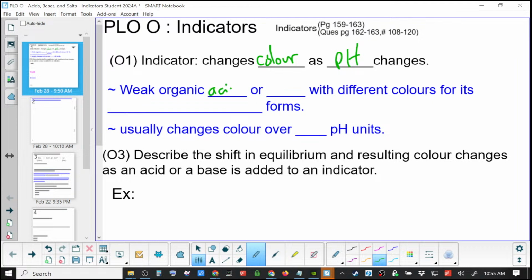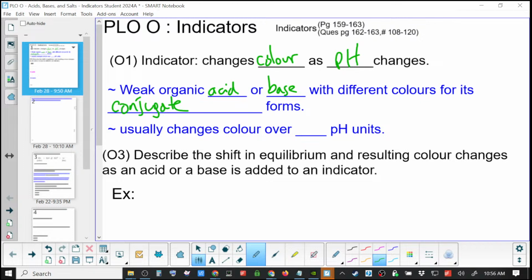By organic, I mean the chemistry definition: made with carbon, hydrogen, oxygen, not bought from an organic store. And they have different colors for their conjugate forms, so their conjugate acid and conjugate base each have a different color.